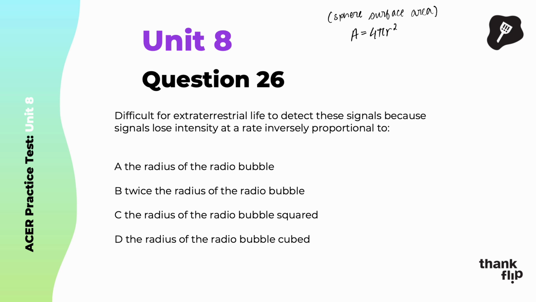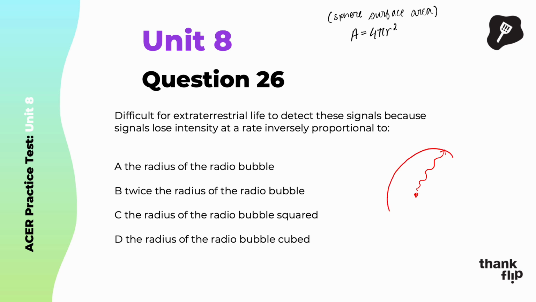So question 26 is asking us about the intensity of the signal. So it's saying it's difficult for extraterrestrial life to detect the signals because signals lose intensity at a rate inversely proportional to what? So let's think about this logically. If we have Earth here and you have signals that are going out, right?